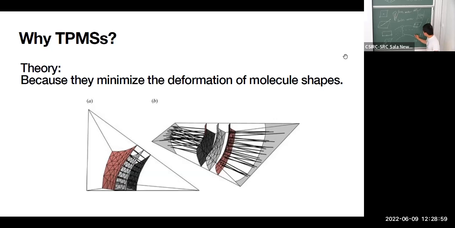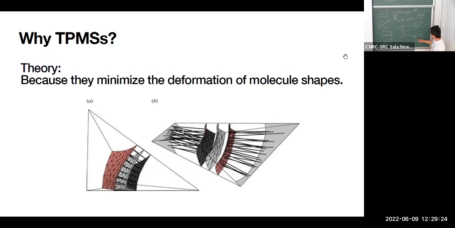If you put these as energies, this is the theory that TPMS would occur. If you minimize these two things, the variance of length and the variance of mean curvature, basically the variance of shape, then you will get a TPMS.